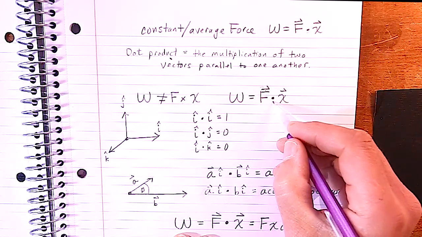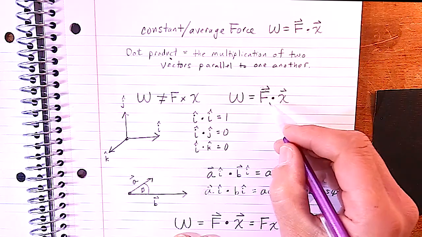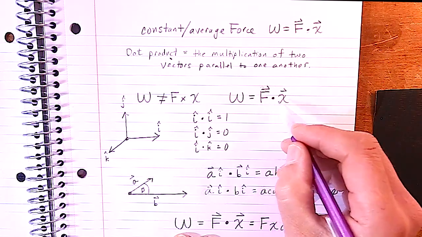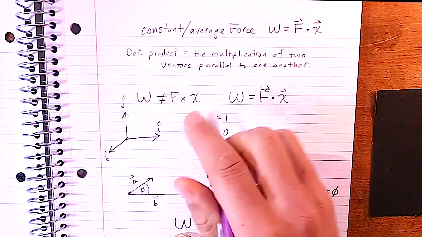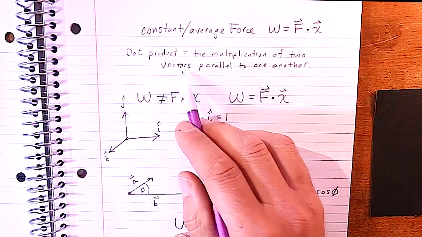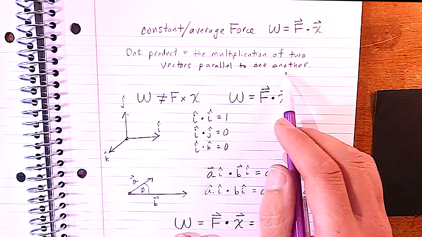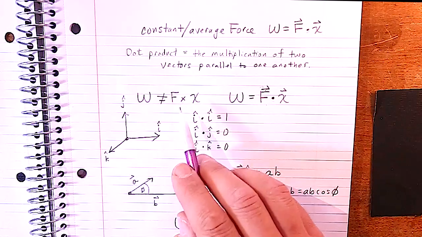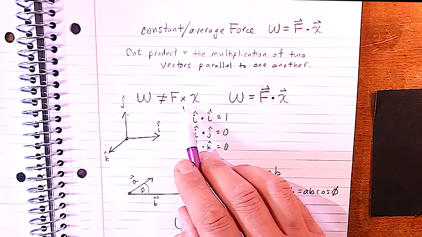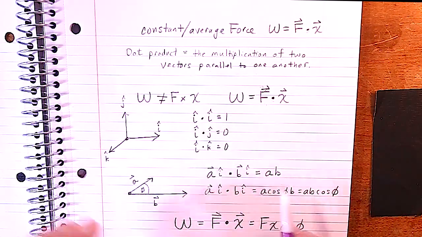When we do the dot product, that is telling us the force that is in the same direction as the displacement. So a dot product is the multiplication of two vectors that are parallel to one another. So we're doing the dot product, not the cross product. We'll get into cross products when we deal with torque later on.